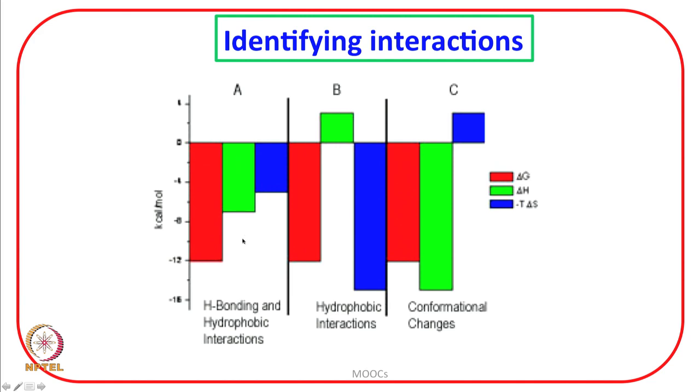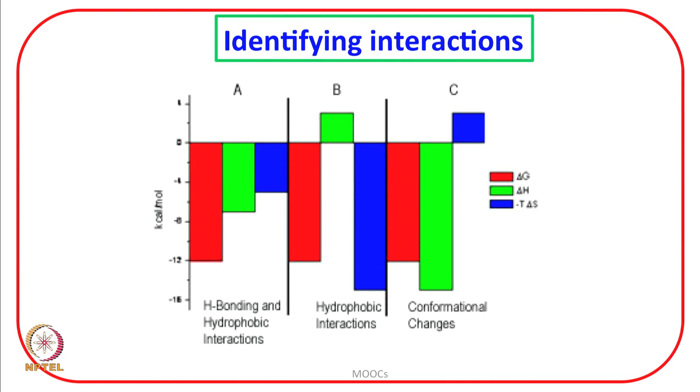That means if delta H is negative and delta S is positive, it is predominantly indicating the occurrence of hydrogen bonding interactions. It is possible that side by side there may be hydrophobic interactions, but a negative value of delta H is suggestive of polar interactions, which could be predominantly hydrogen bonding interactions.